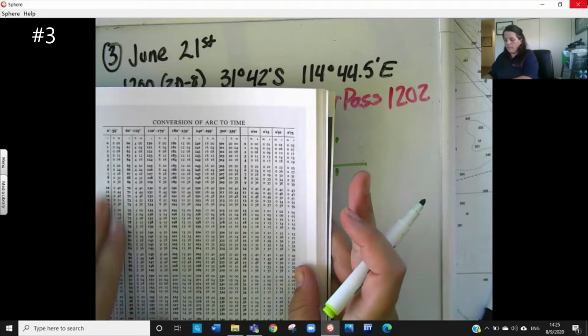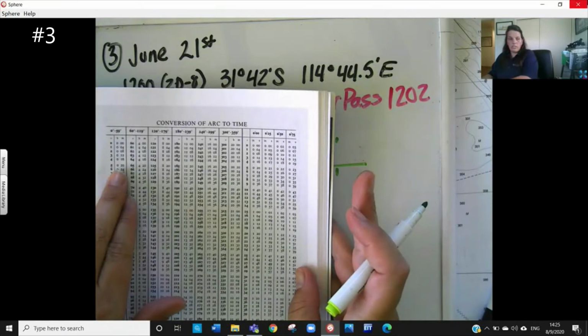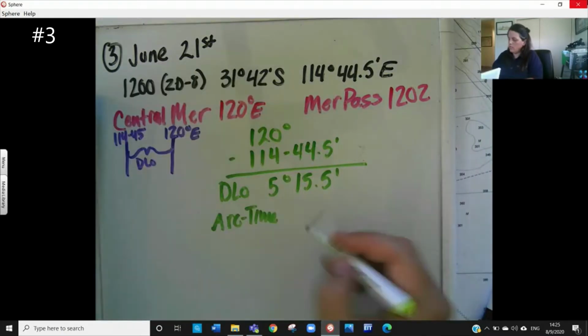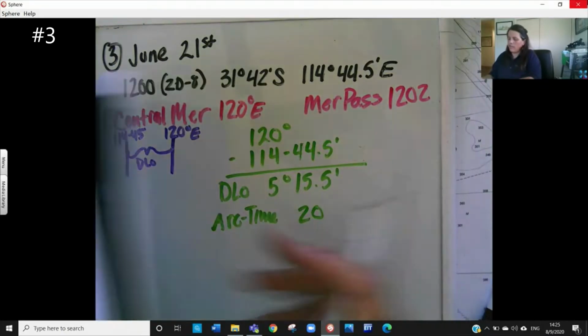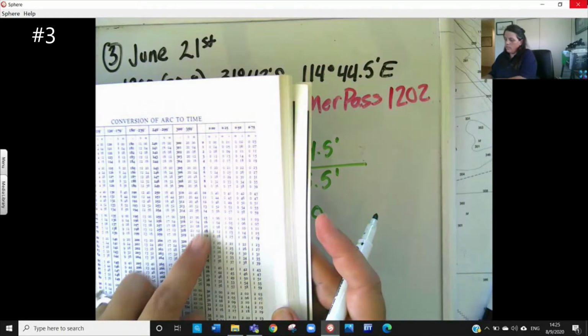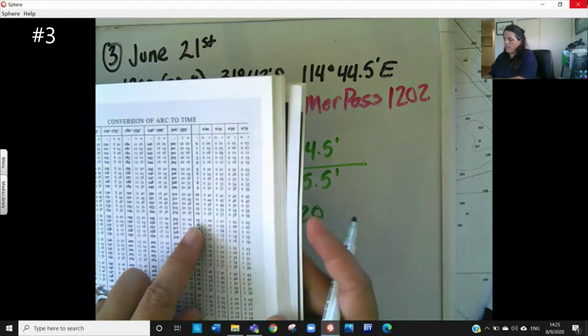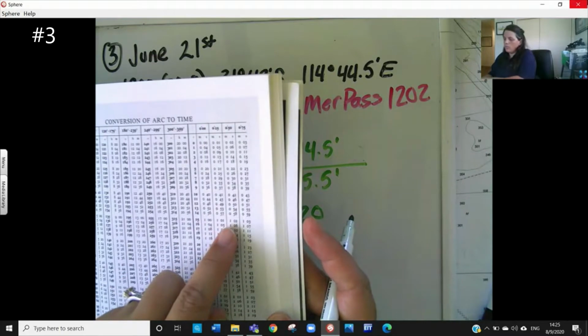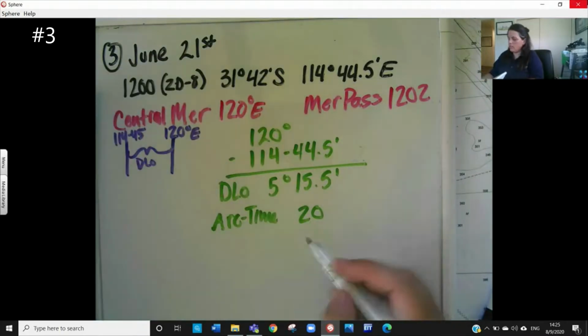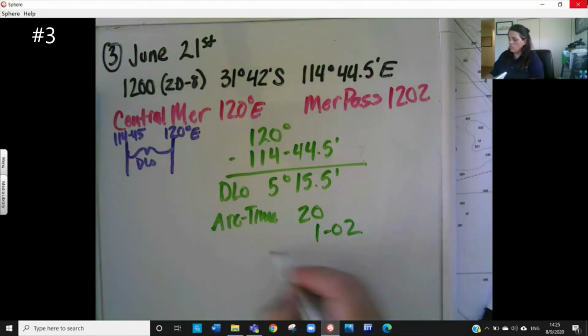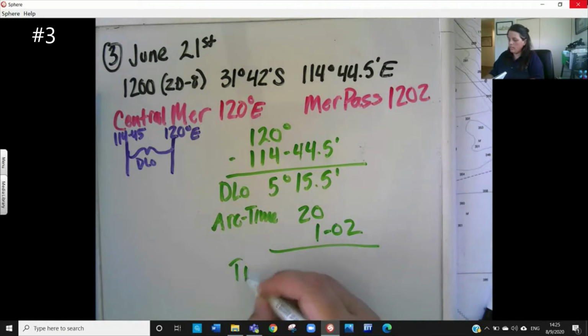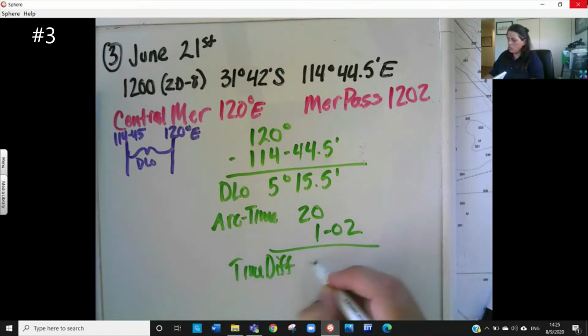We have 5 degrees, gives us 20 minutes. And then the 15.5 gives us 1 minute and 2 seconds. So we have a time difference of 21 minutes.